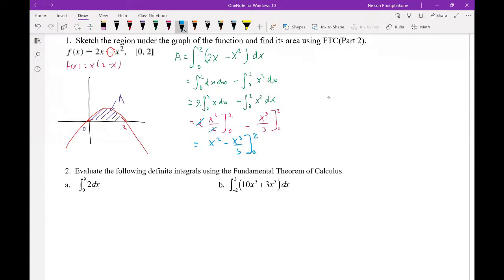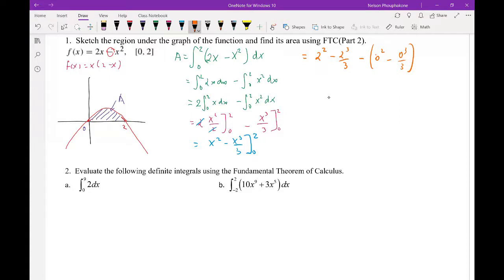Now, to this one, what we are going to do here is rewrite this into 2 squared minus 2 to the cube over 3 minus 0 squared minus 0 to the cube over 3.